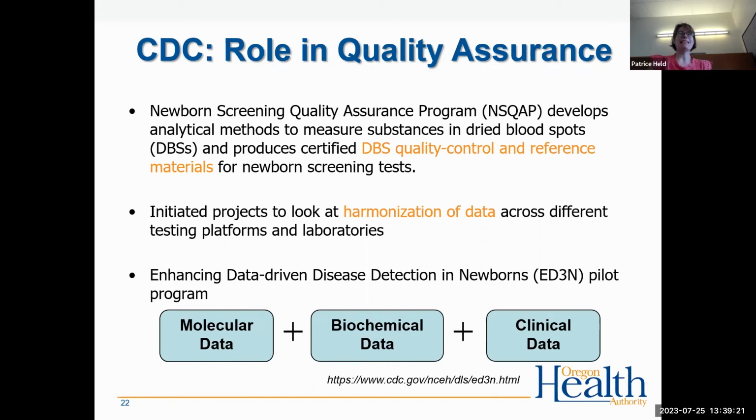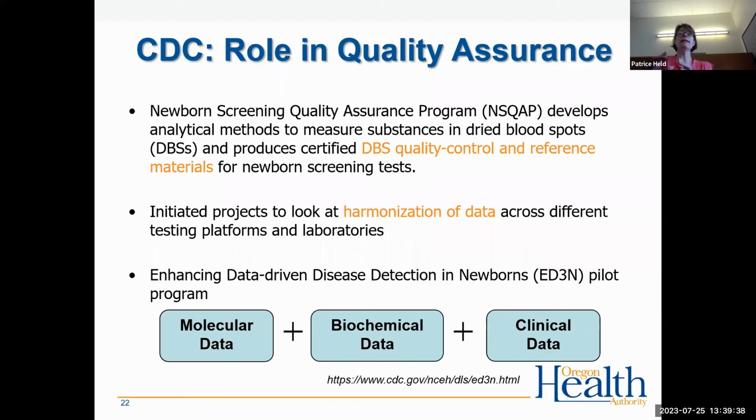And one of the things I think is most exciting is that the CDC has entered into a pilot program that's titled EDEN, and EDEN is Enhancing Data-Driven Disease Detection in Newborns.